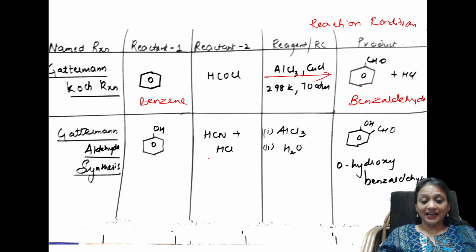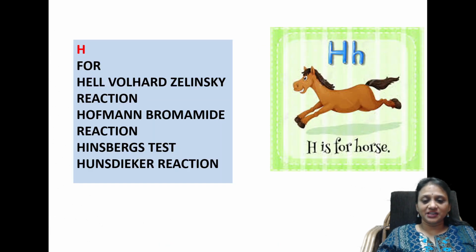Then Gattermann aldehyde synthesis, where you are converting phenol to ortho-hydroxybenzaldehyde in the presence of a Lewis acid. So in the aldehyde synthesis, you are going to take HCN in the presence of HCl, where you convert phenol to ortho-hydroxybenzaldehyde.